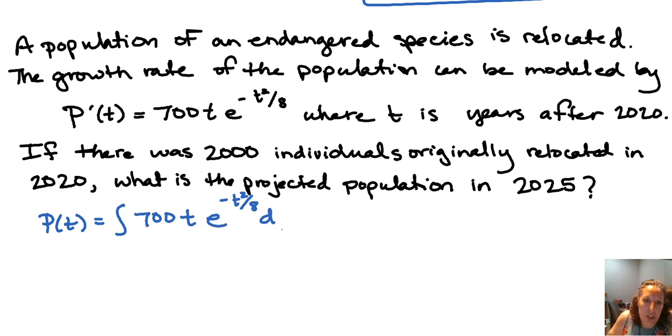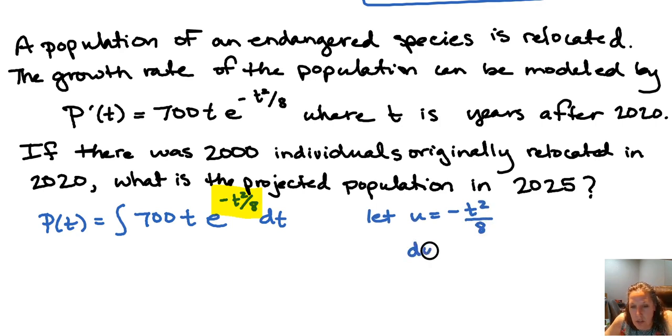And our substitution here is going to be for what's in that exponent, the negative t squared over 8. And the derivative of that is going to be negative 1 over 8 times the derivative of t squared, which is 2t dt.